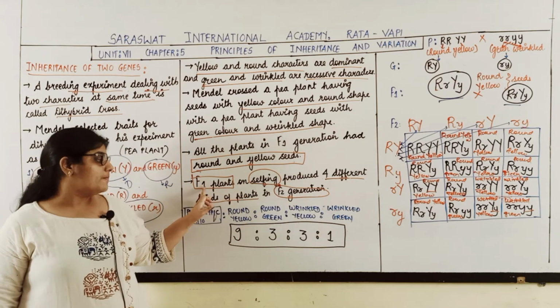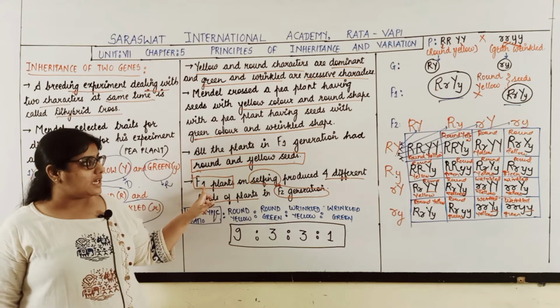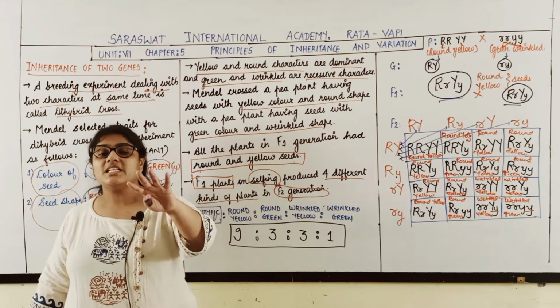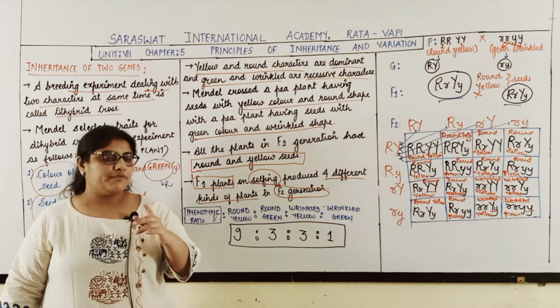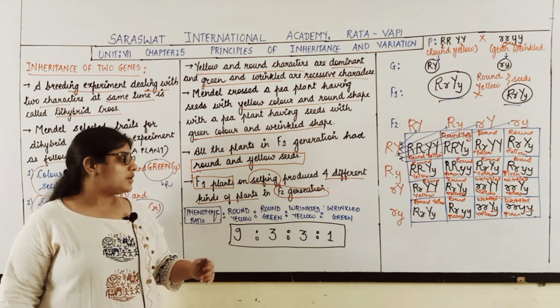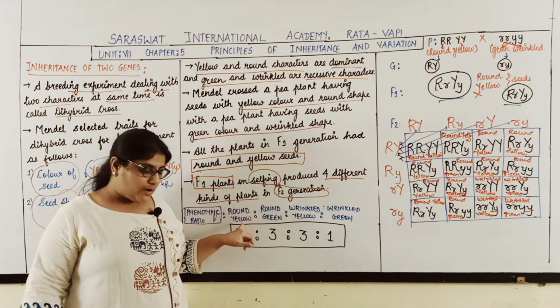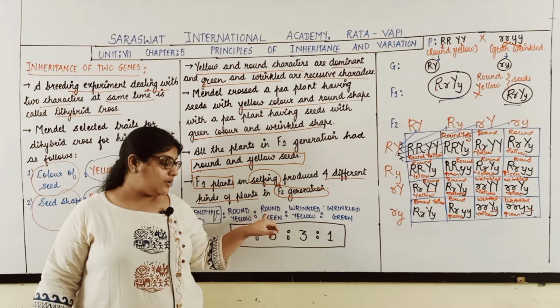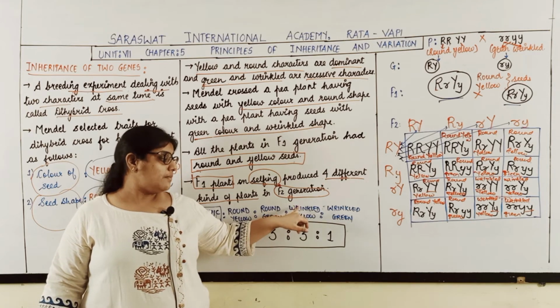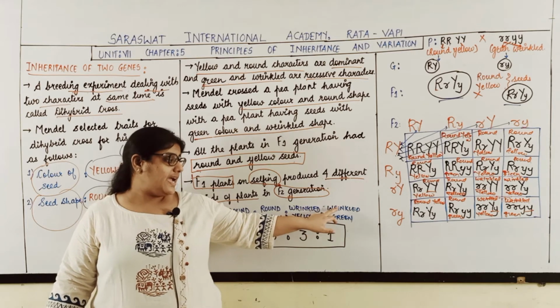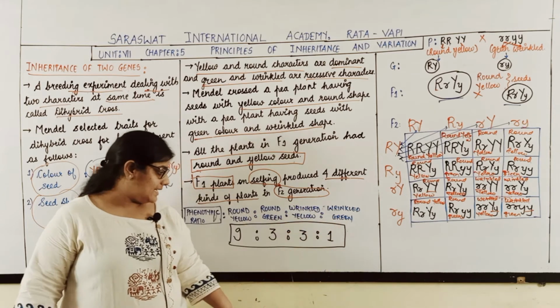See, I told you, when he selfed the F1 plants, he obtained 4 different kinds of the plant in the F2 generation. Which were the 4 different plants? The phenotypes were with the plants with the round and yellow seeds, with the round and green seeds, with the plants with the wrinkled and yellow seeds and plants with the wrinkled and green seeds.